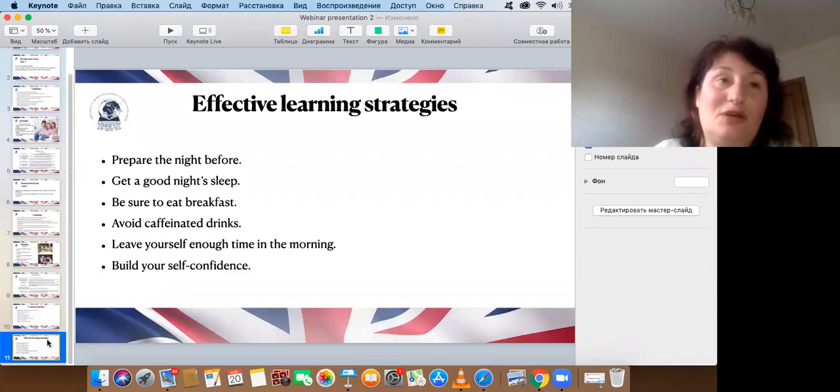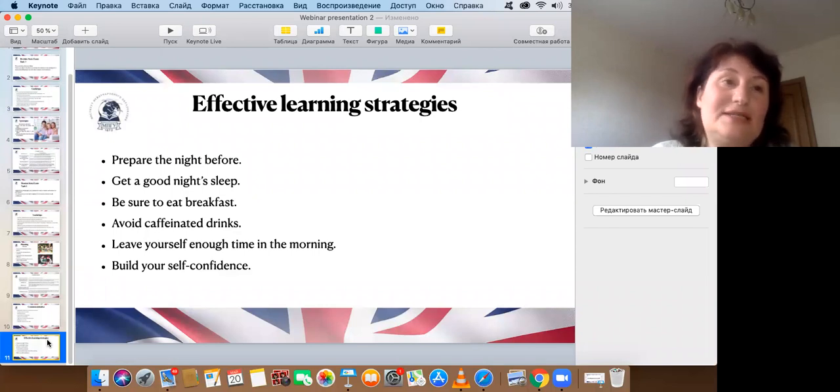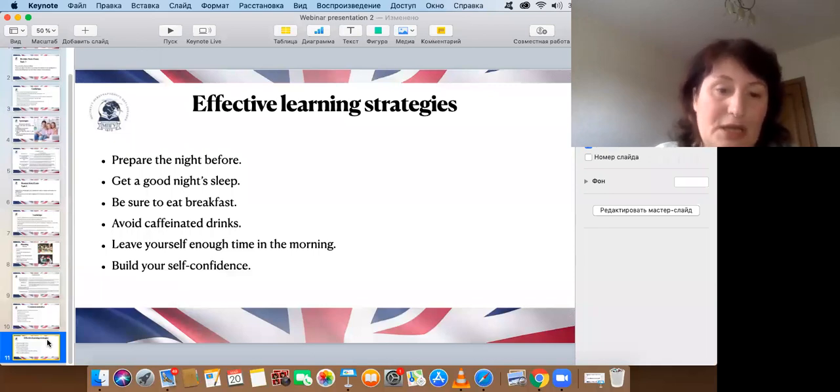Lay out your clothing, pens, pencils, a watch, and school supplies, because you don't want to be rushing around in the morning. Get a good night's sleep. A solid 8-hour sleep can recharge your batteries very well. The next is be sure to eat breakfast. I think it's very important to eat breakfast, and to be more relaxed. Avoid caffeinated drinks.